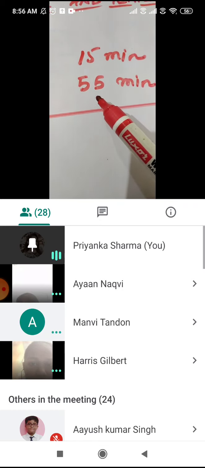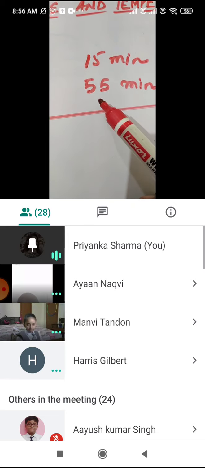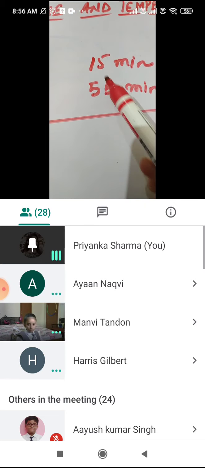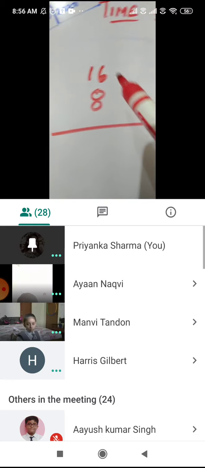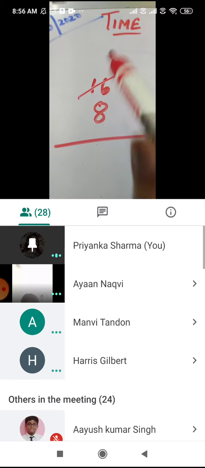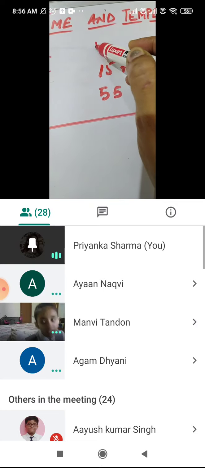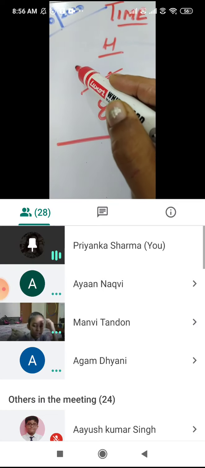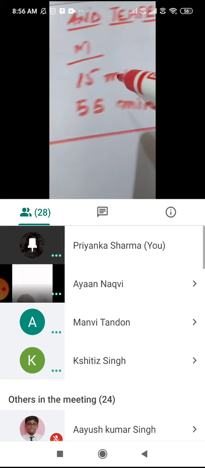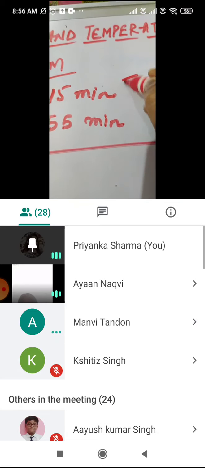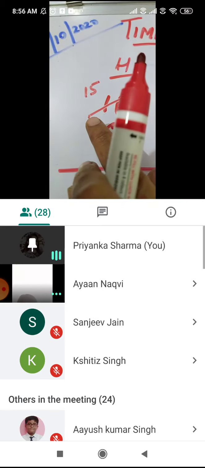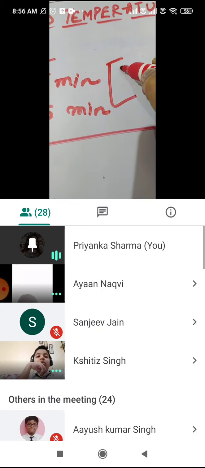Can we subtract it? We cannot subtract because 15 is a small number, 55 is a bigger number. We will borrow from our column. This is hour, this is minute. This has become 15. And how much have we borrowed here? We have borrowed 1 hour. 1 hour means 60 minutes we have borrowed.